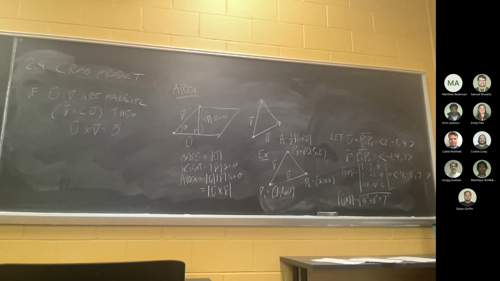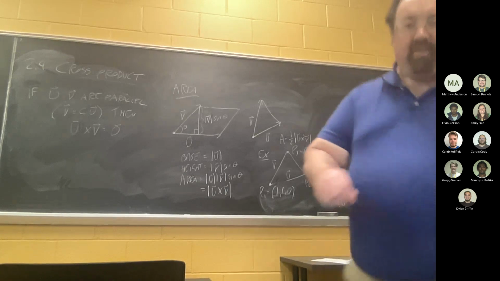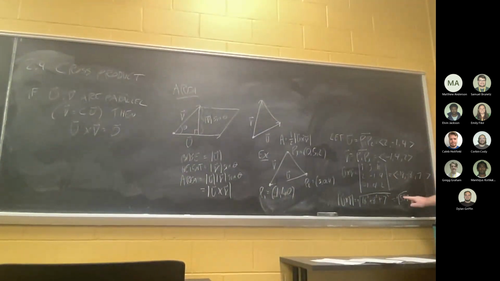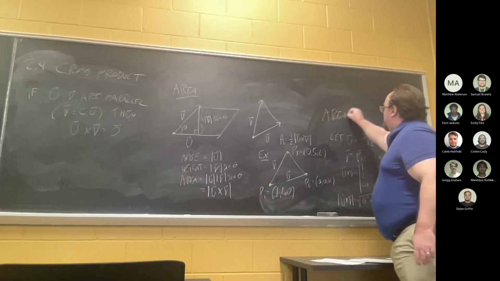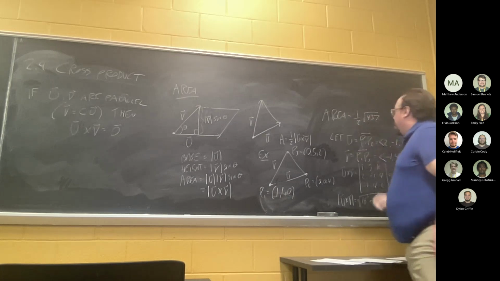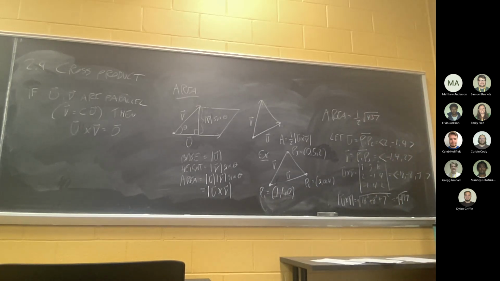So 324, 388 plus 49 is 437. So then the area is 1/2 that.